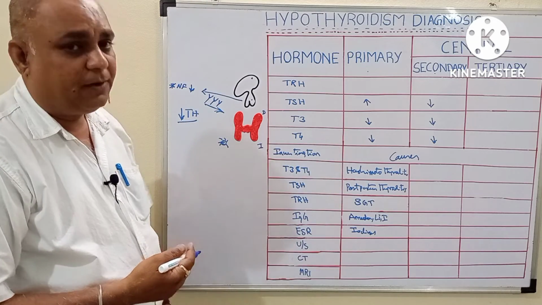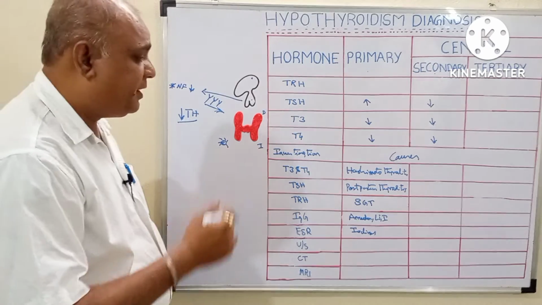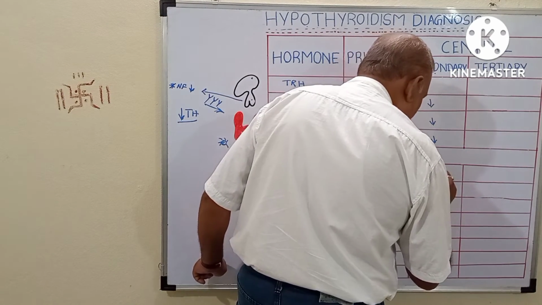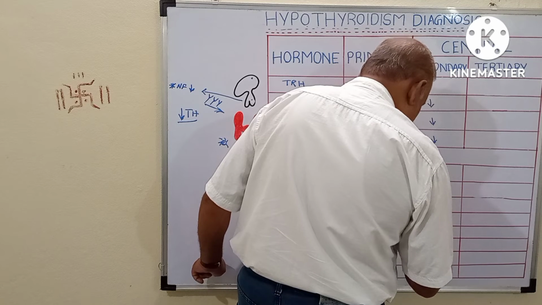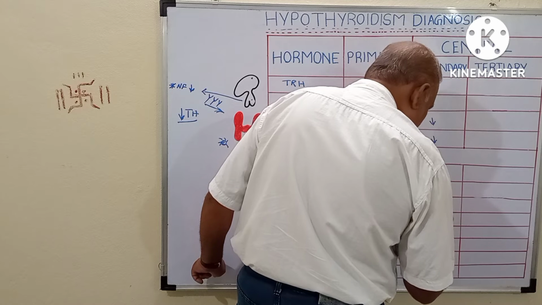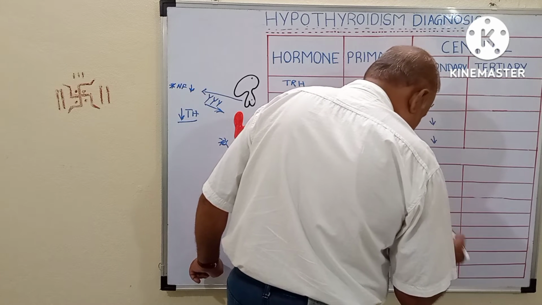The most common causes for secondary hypothyroidism are trauma, brain injuries or tumor.